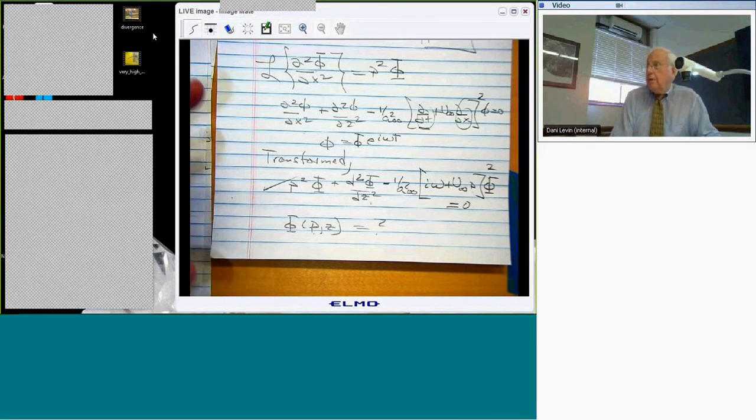It will involve a Bessel function, but it will be known analytically. And it turns out the Bessel function goes to 1 if the frequency is 0. So it really is a simple form for steady flow, but it's a little more complicated for unsteady flow. It gives you the first hint that things are going to get more complicated in unsteady flow.